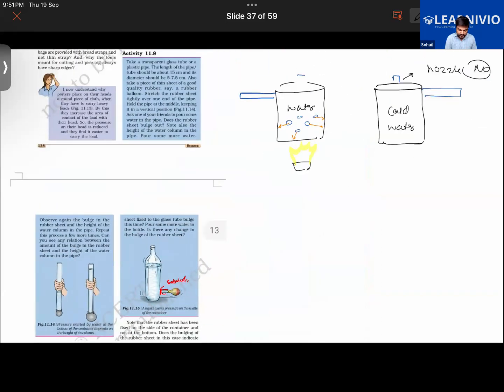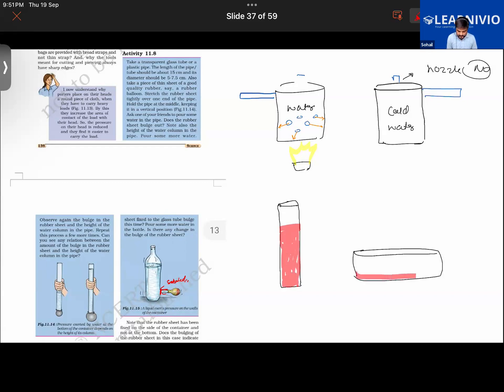Let us say that you have taken two vessels, a vessel like this and a vessel like this, and in both of them you have poured an equal amount of water, let us say 100 ml.